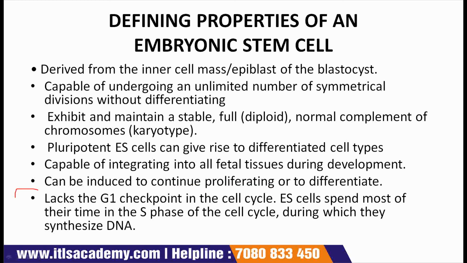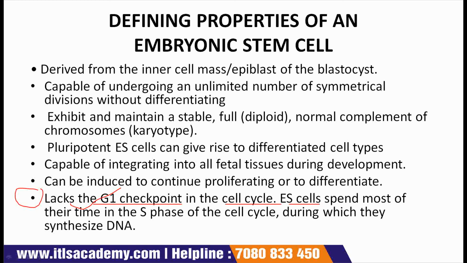Next point is, they lack the G1 checkpoint in the cell cycle. This is the most crucial step in their unlimited number of divisions, because they lack the G1 checkpoint. So it becomes very easy to proceed in the cell cycle.